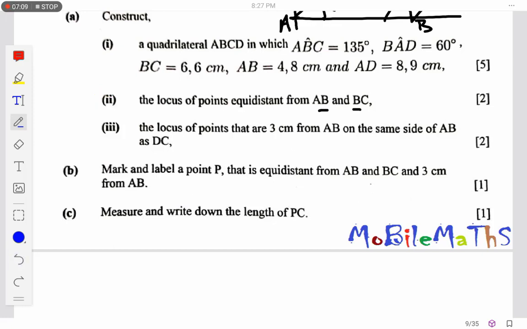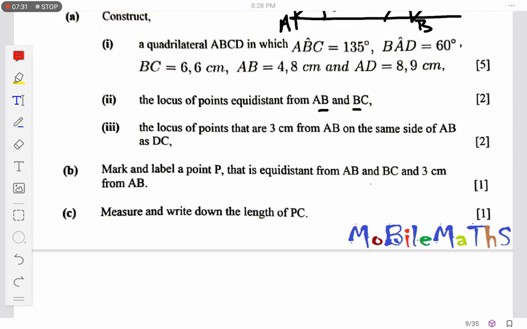It's saying the locus of points that are 3 centimeters from AB. This is line AB, so we want a parallel line that is 3 centimeters from AB. Then there's a condition that they are saying on the same side of AB as DC.